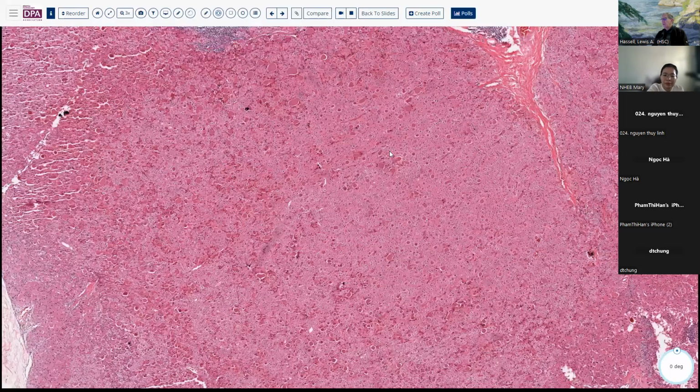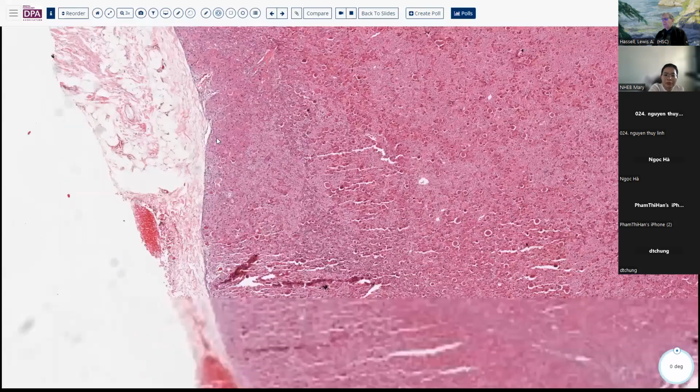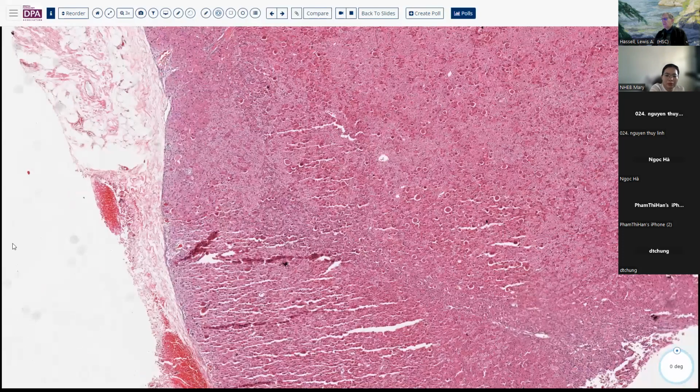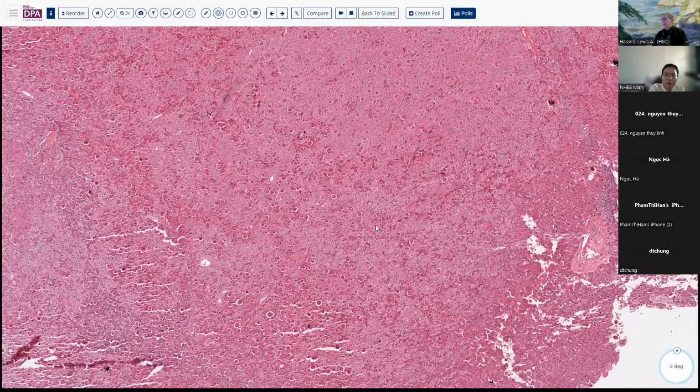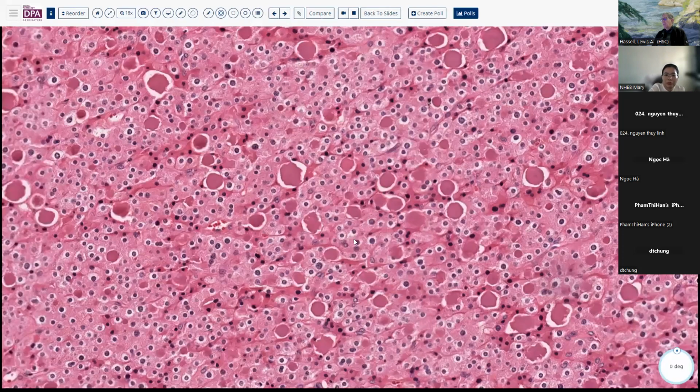Now this is very cellular. It looks more likely to be an adenoma.